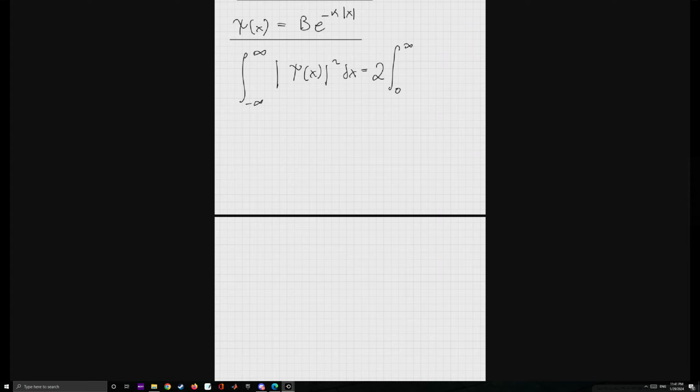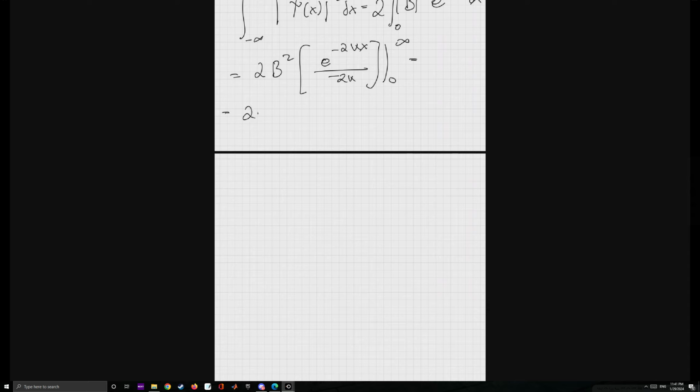And so if I square my wave function here, what I get is the absolute value of b squared, and then e to the negative 2kx dx. I can drop the absolute value on the exponent, but we get 2. Let's take out the b squared. And then let's integrate e to the negative 2kx, which is simply e to the negative 2kx over negative 2k, from 0 to infinity.